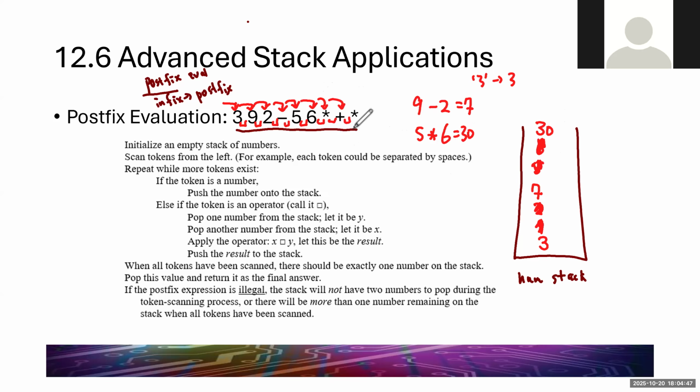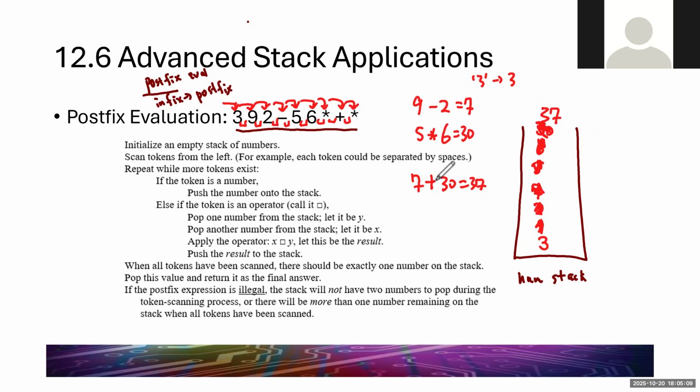Then I continue the scan. It's an operator, so I pop two numbers out, 30 and then 7. So it's 37, and I push the number back to the stack.